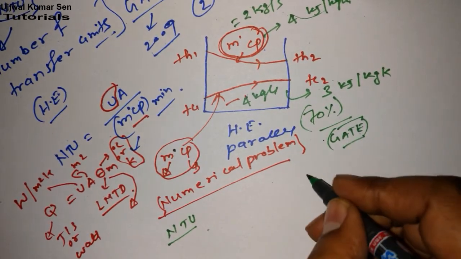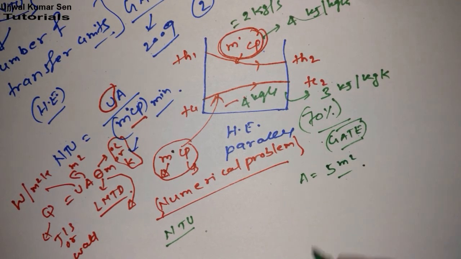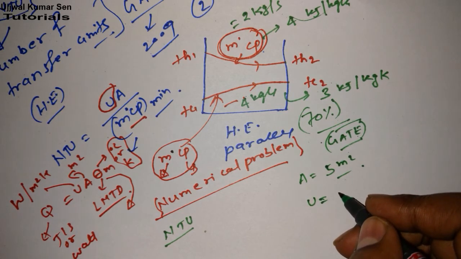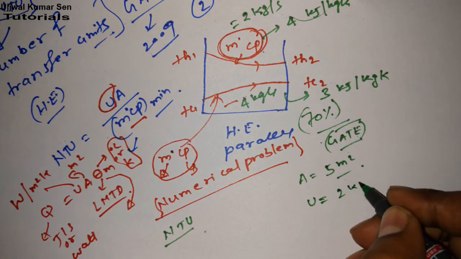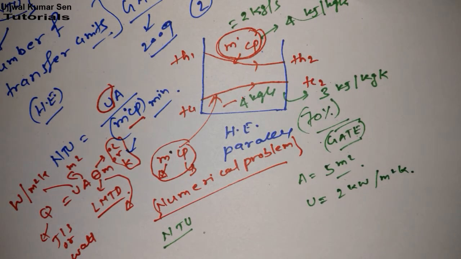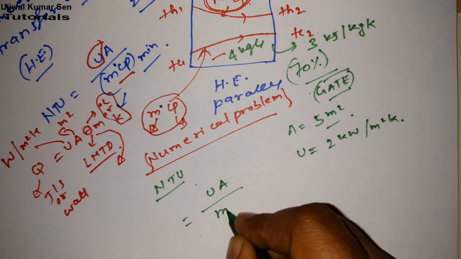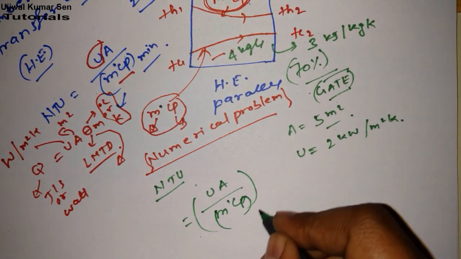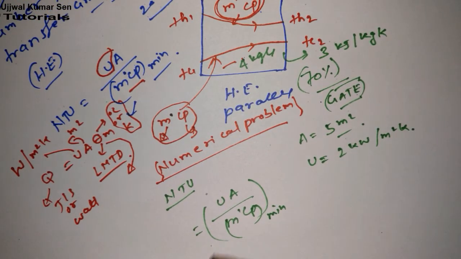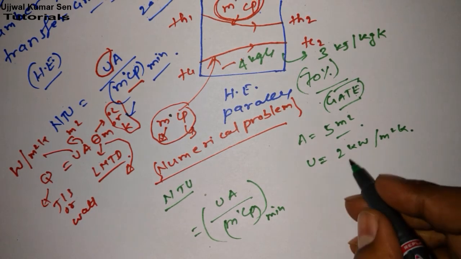Now they said the area of the heat exchanger is 5 meter square, and the overall heat transfer coefficient is 2 kilowatt per meter square Kelvin. So here we can easily write that NTU is equal to UA by m dot CP, and we need the minimum value of m dot CP. Here is where we can make a mistake.